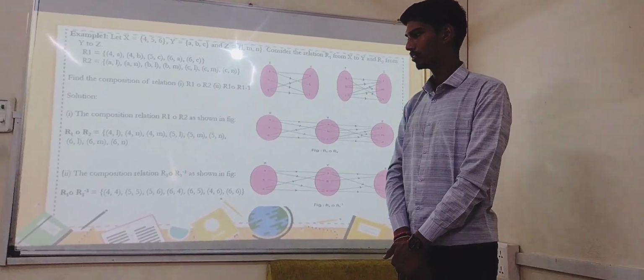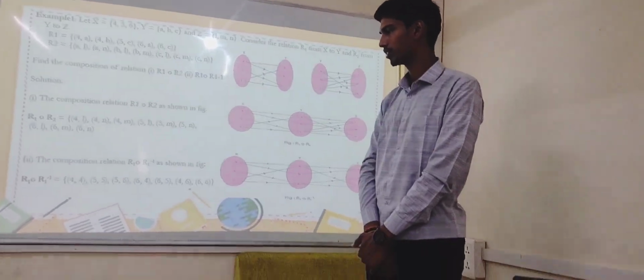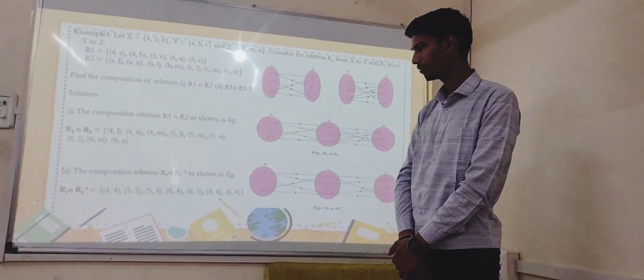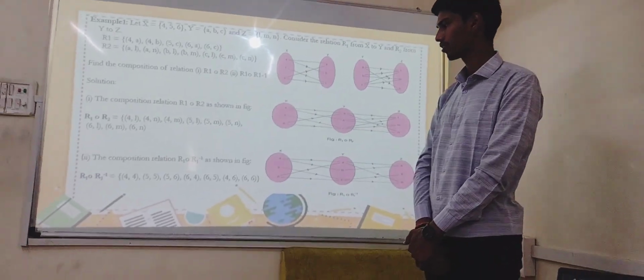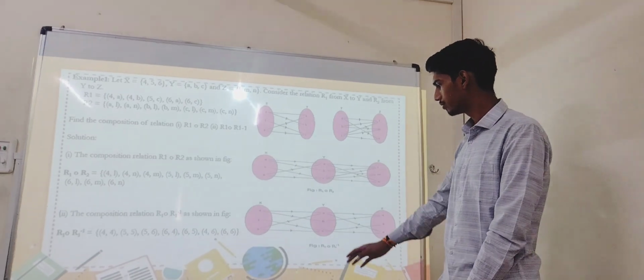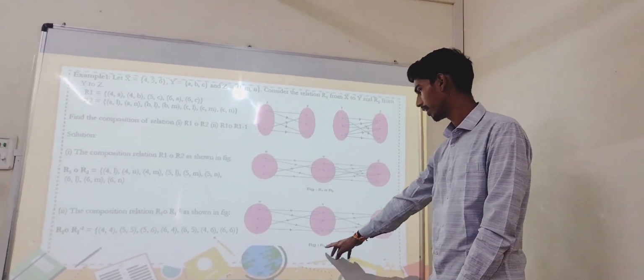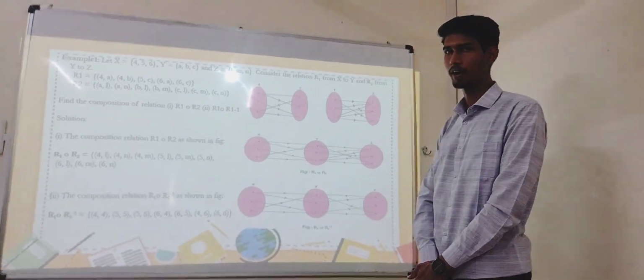R1 dot R1 to the power minus 1 = {(4,4), (4,5), (5,4), (5,5), (5,6), (6,4), (6,5), (6,6)}. Through these figures you can understand easily, and these figures are of R1 dot R2 and R1 dot R1 to the power minus 1.